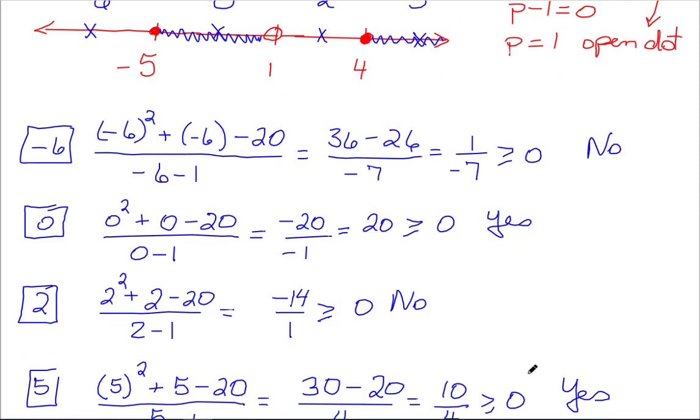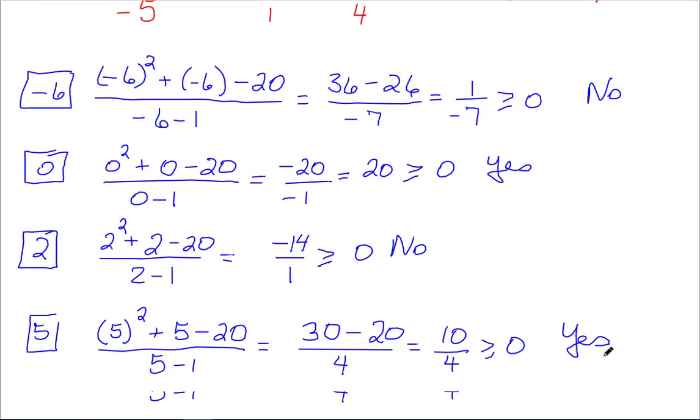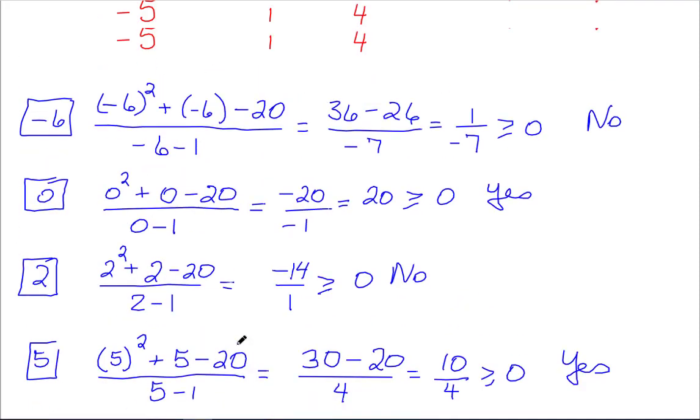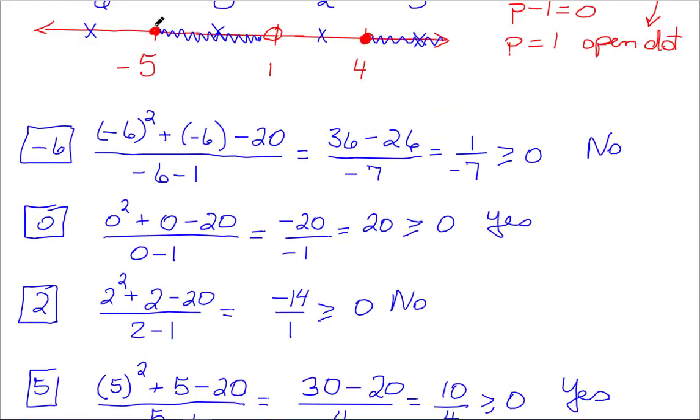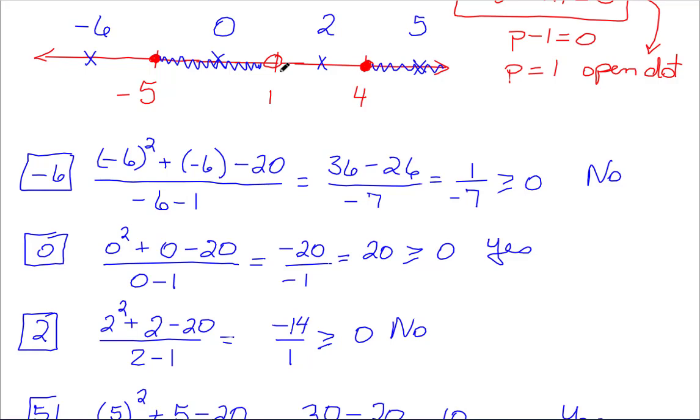No. And if I try the 5, is 10/4 bigger than 0? Yes. And so when I look and see what works, we get minus 5 to 1, but they're not included. Oh, they are. Minus 5 is included. And so this would be a bracket there, not a parenthesis. So minus 5 to 1, and then 4 to infinity. 1 has a parenthesis because it's not included.